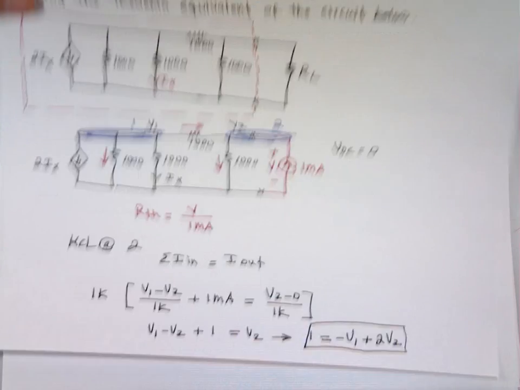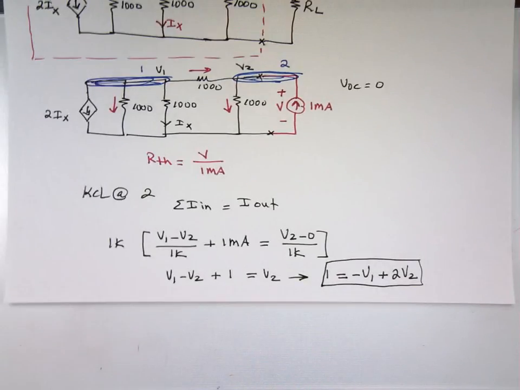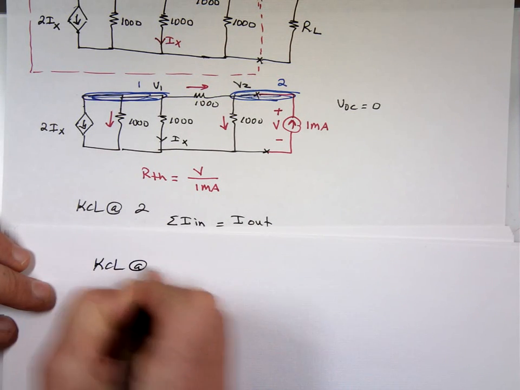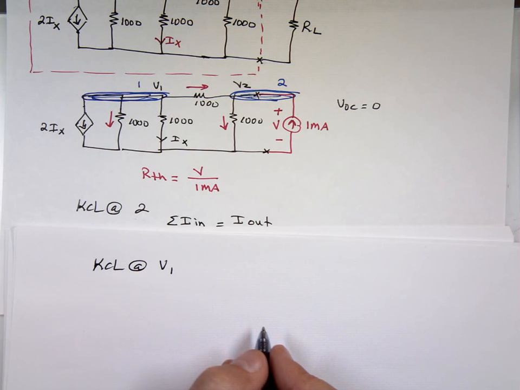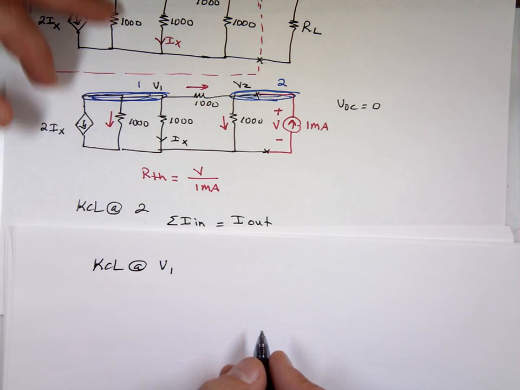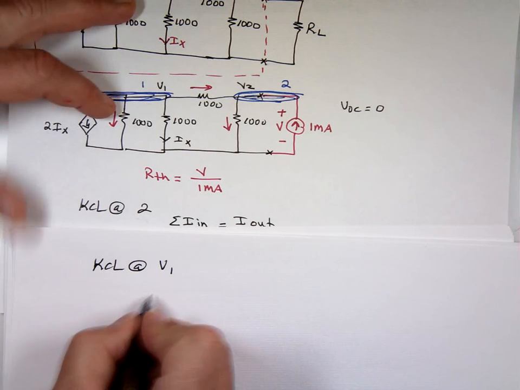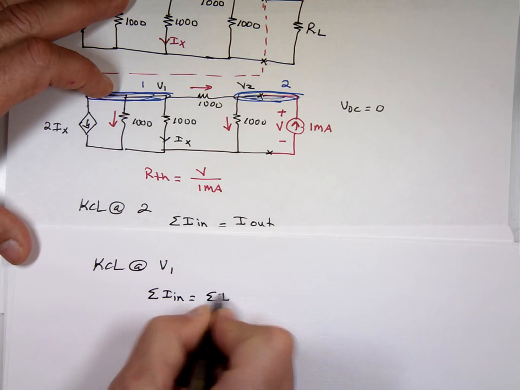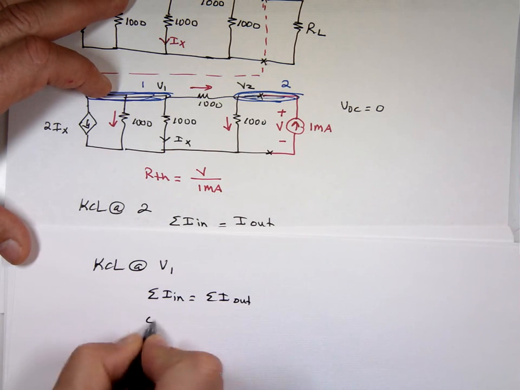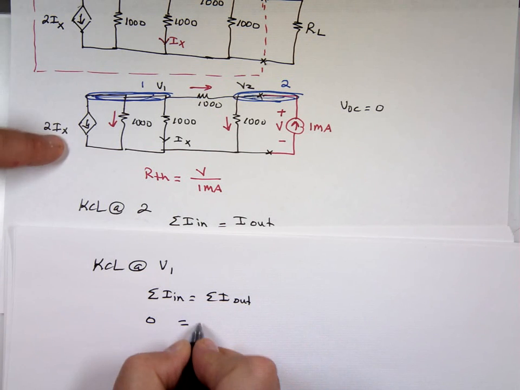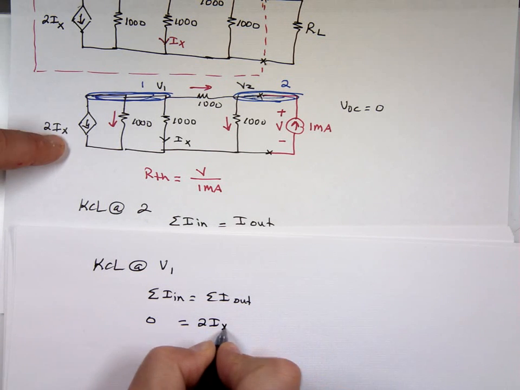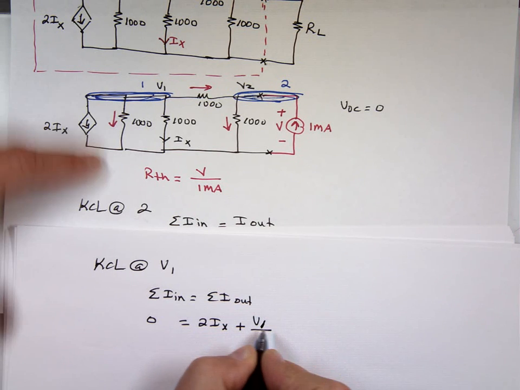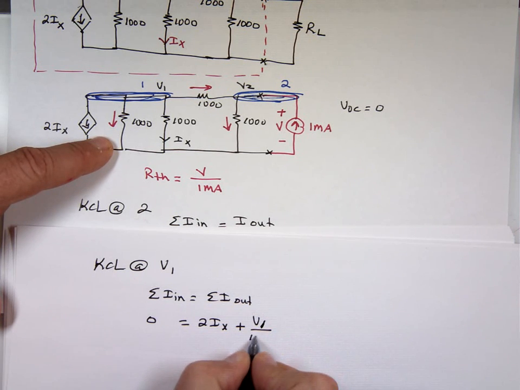Next, KCL at V1. What is the current going to it? Nothing. Zero going to it. What's leaving? This one, 2 I sub x plus V1 over 1K.